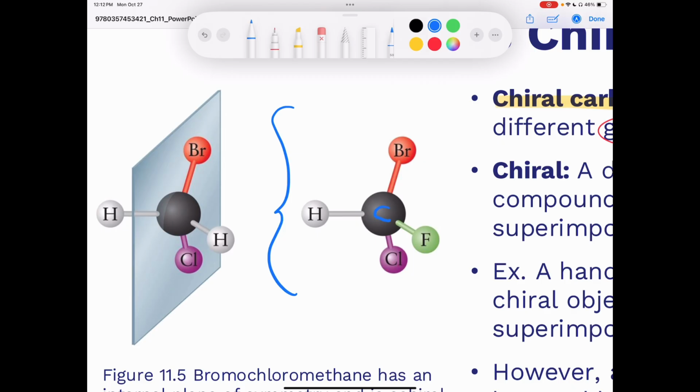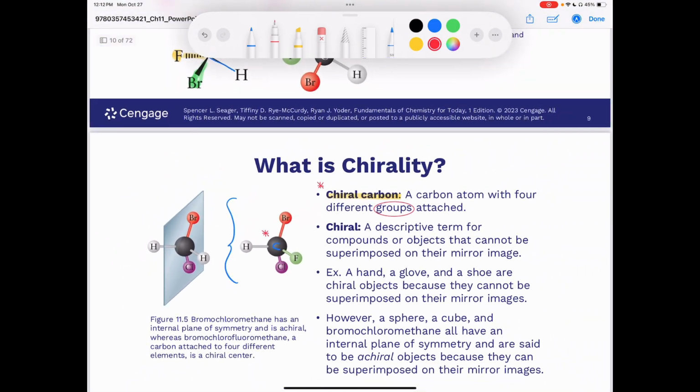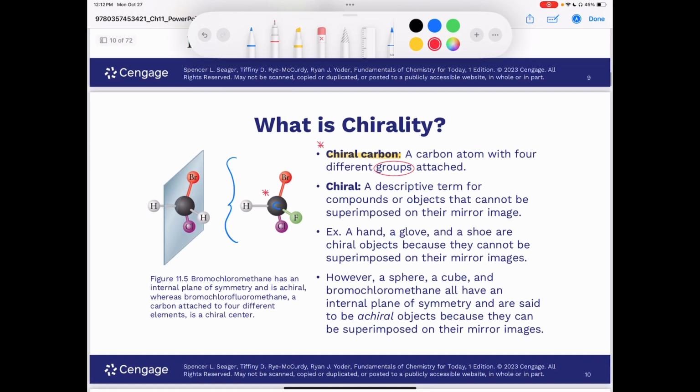The carbon in the middle is attached to a bromine, a chlorine, a fluorine, and a hydrogen, four bonds to four different groups, and therefore this is a chiral carbon. Sometimes to denote a chiral carbon, we'll put a little star by it, like this.